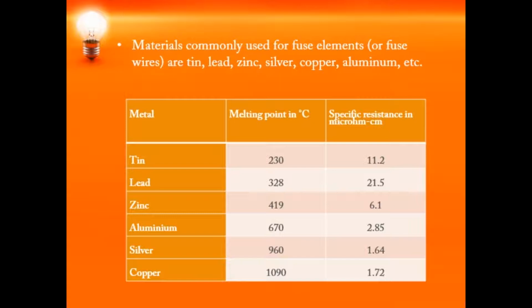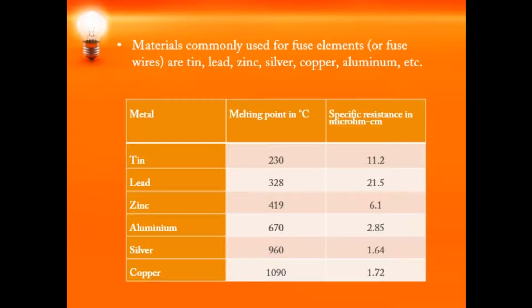Out of all these materials which are listed, that is tin, lead, zinc, aluminium, silver or copper, practically, silver is found to be a very good fuse element because it will not be subjected to oxidation, and it will not lead to deterioration of the material.